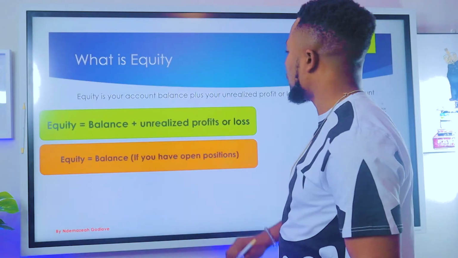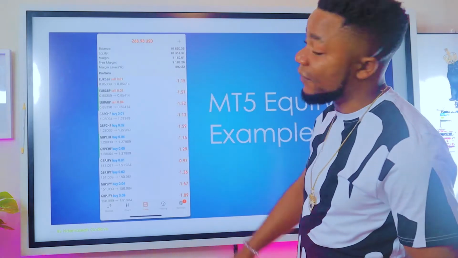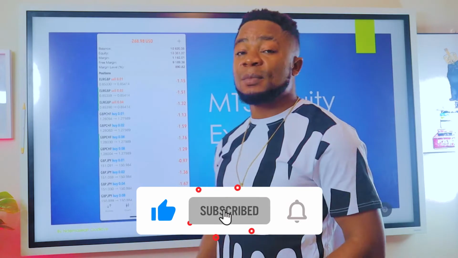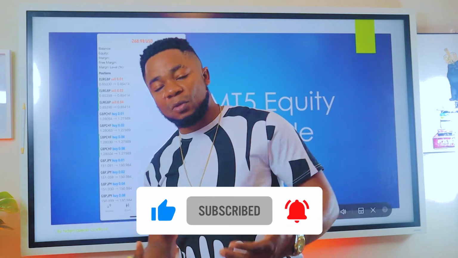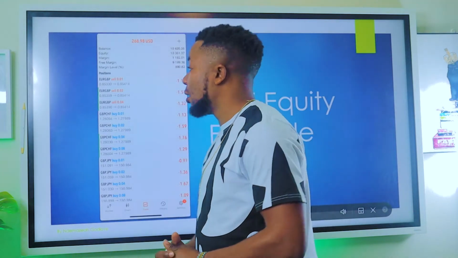All right. So now let's take this MT5 example, the same example I explained to you guys earlier. I've explained most of these things, so let's see if we can deduce them from this screenshot.